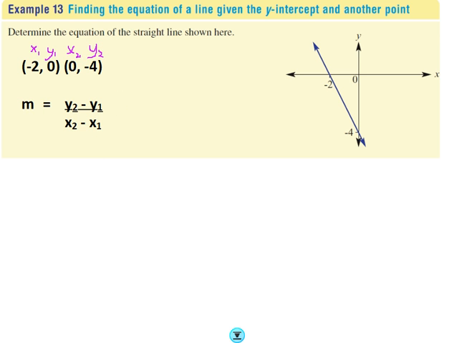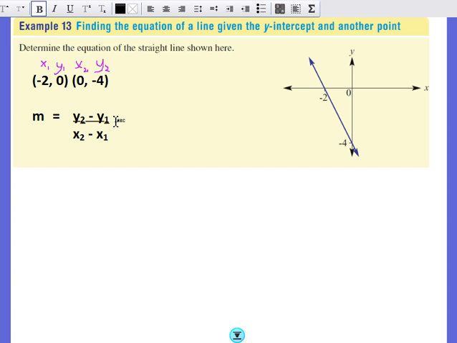Okay, so when I go to my formula now, I can say it's equal to y2, so y2 is -4, minus y1, so that's 0, and these are divided by x2, so that's 0, minus x1, which is -2, so minus -2.